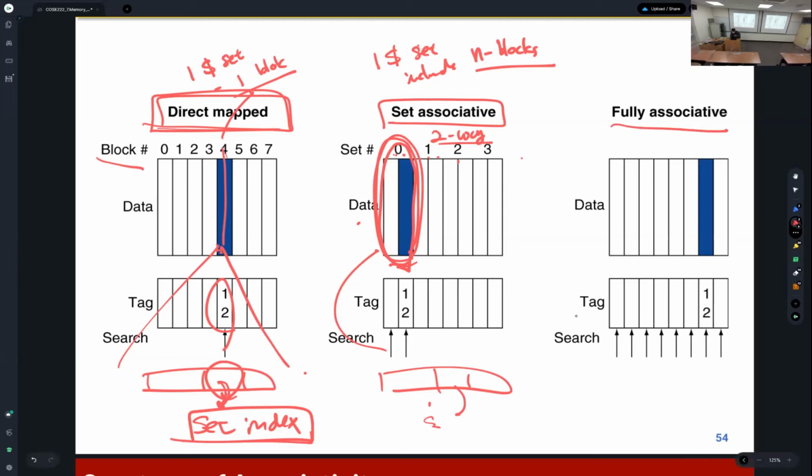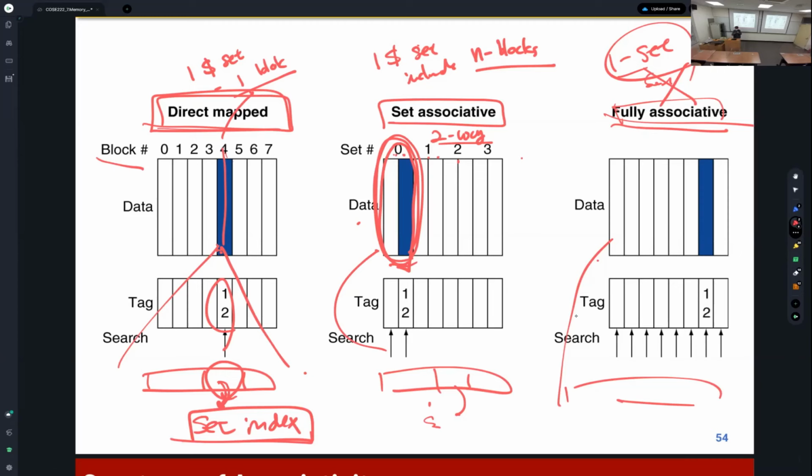And then the fully associative cache, there is no set division, because actually in this example, the fully associative cache has only one set. Which means the memory block can be mapped to any block in the fully associative cache. So you need to check the tag of every block to identify the data stored in the fully associative cache.